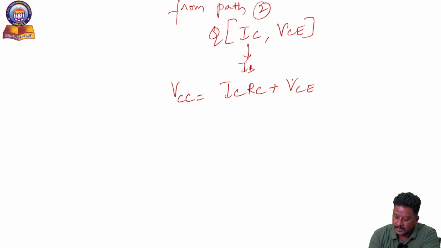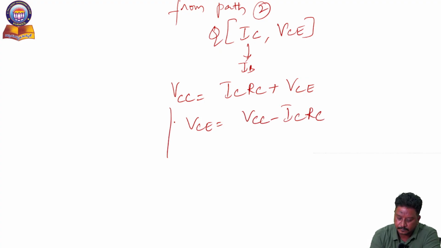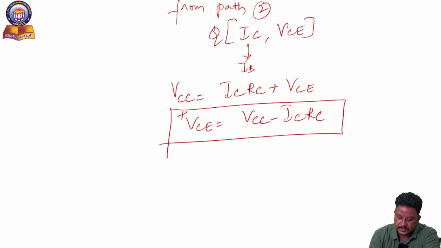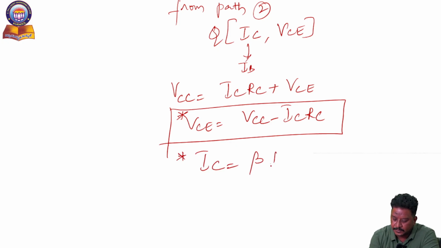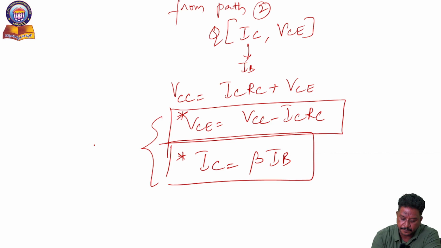I want to find VCE, so VCE is equal to VCC minus ICRC. So this is one more point I located, and the other point IC is located as beta into IB. These two are required to locate the operating point.